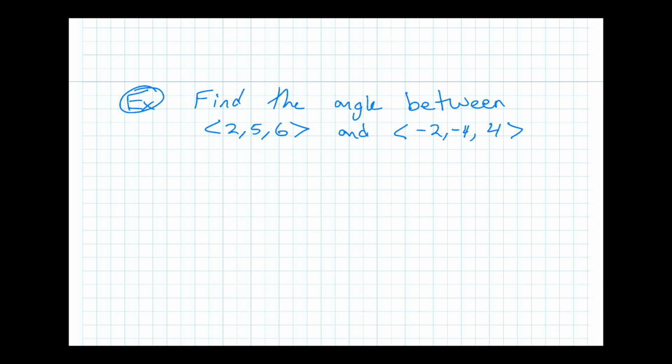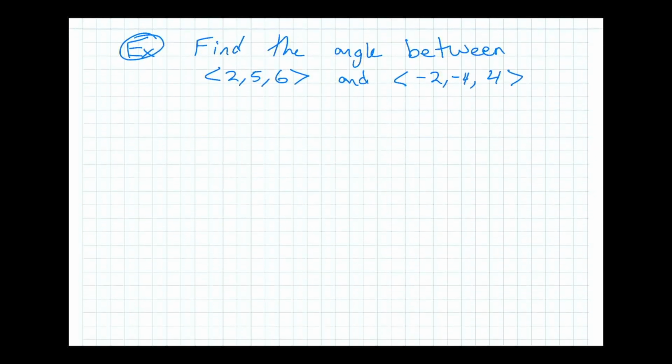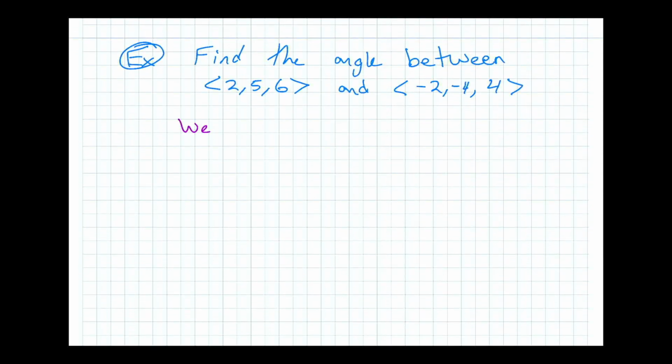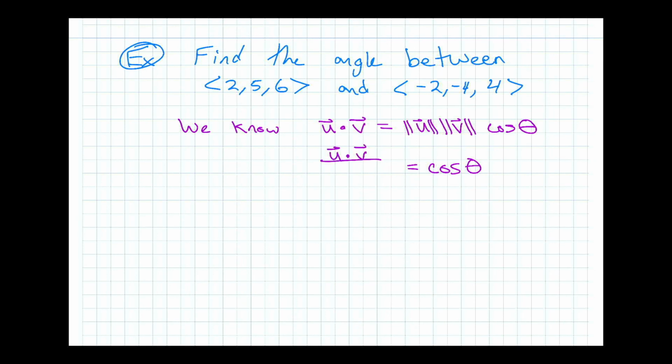The way you do it is you've got this original formula. We know that u dot v is equal to magnitude u, magnitude v, cosine theta. That means the cosine of theta, just rearranging, is u dot v over magnitude u, magnitude v.